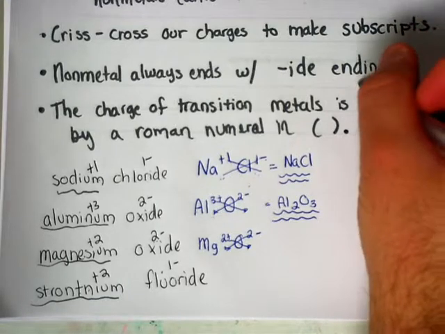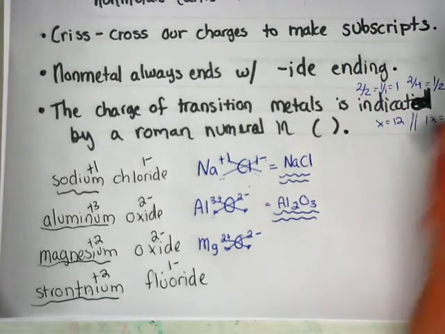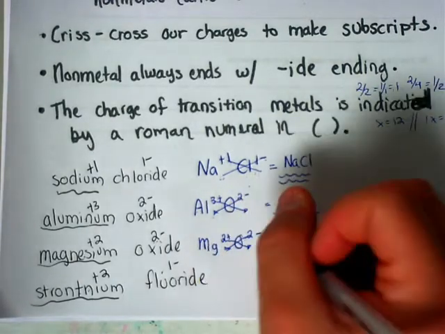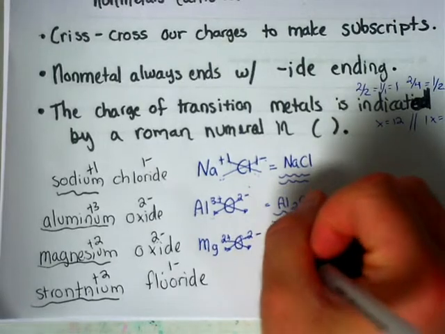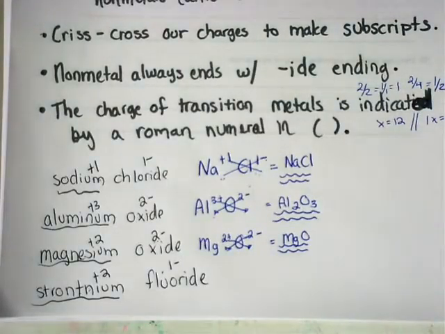Or if you got 2/2, that's really saying 1/1, which is equal to 1, right? Since these are the same number, you could reduce them down by a factor of 2, leaving you with MgO. Because they're the same number. The signs they never ever come down. So you will not bring down the signs.